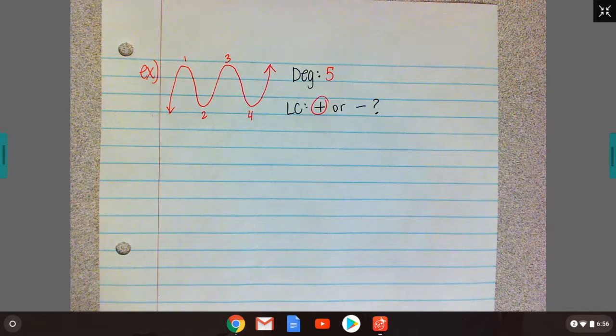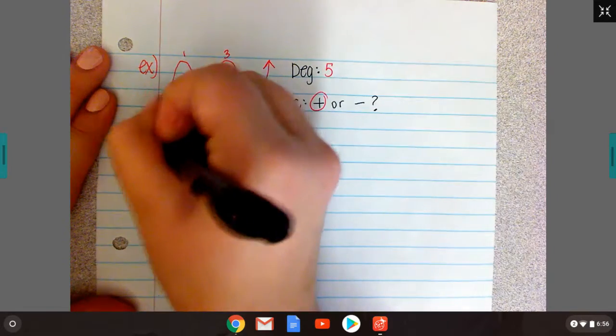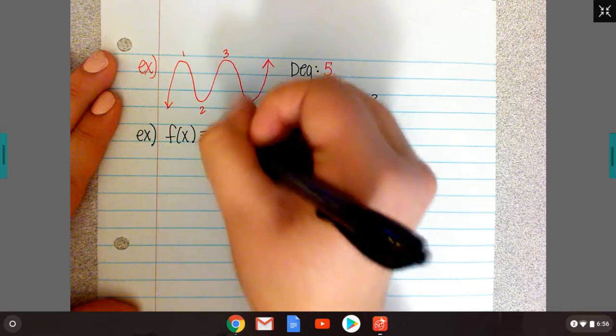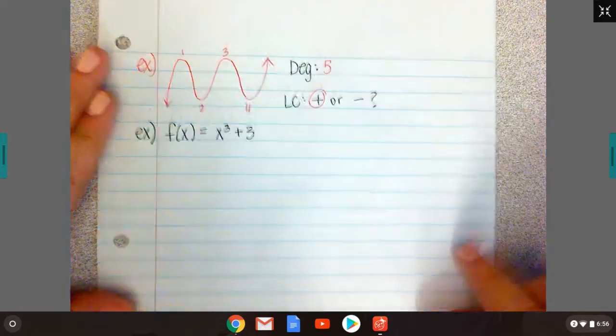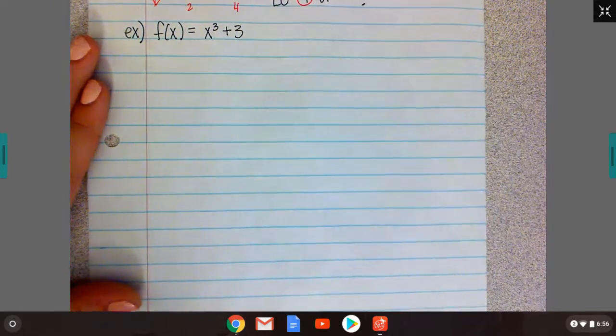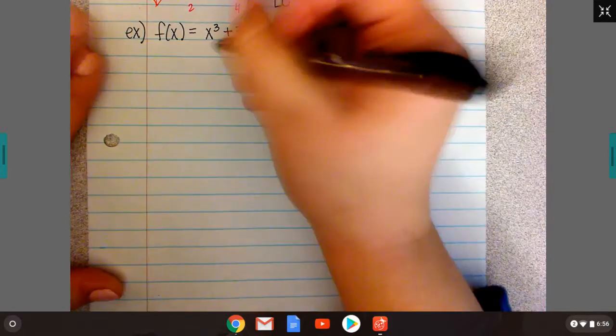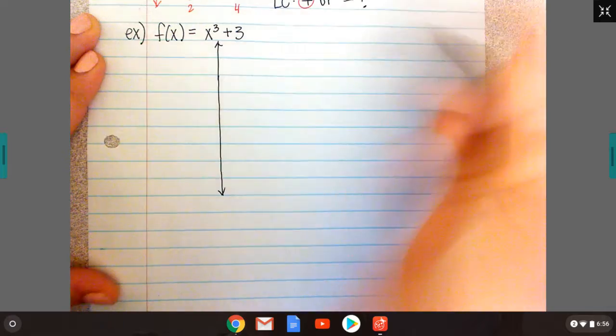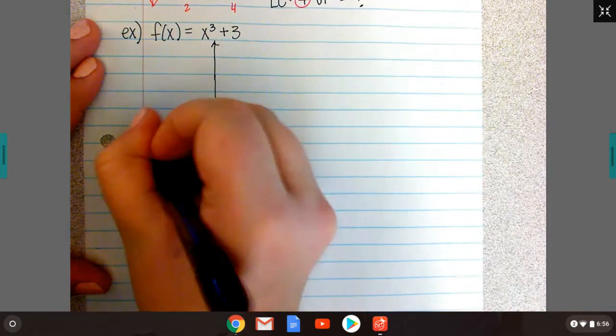Let's do one last one. I saved the best for last. Let's actually go ahead and graph a function. Let's graph f of x equals x cubed plus 3. And we're going to give ourselves a coordinate plane as well as a chart. So bear with me while I do that. I'm going to make it nice and big.